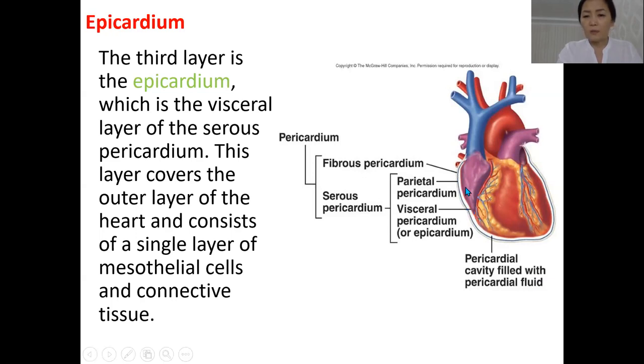The cells of mesothelium secrete a special fluid, and the pericardial cavity is filled by this fluid, because this fluid prevents friction during contraction.